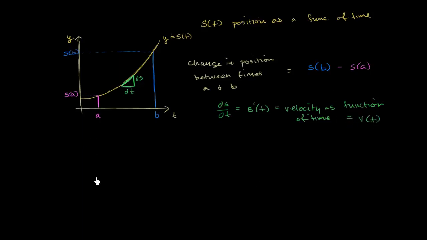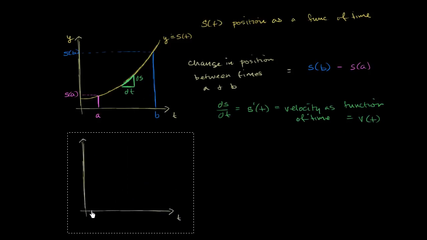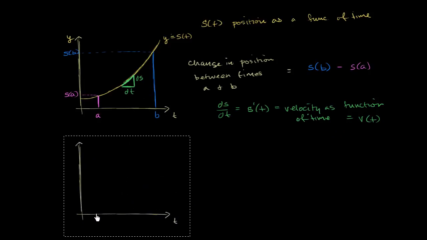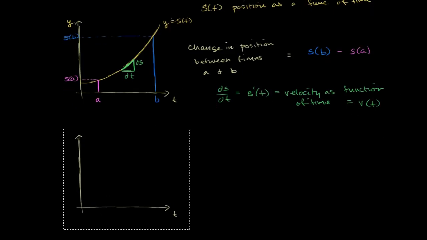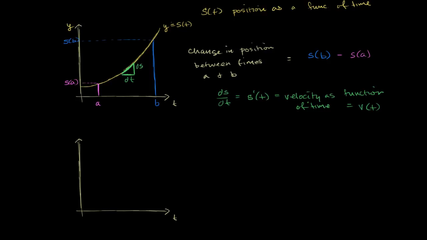So let's graph what v of t might look like down here. Let me put another axis down here that looks pretty close to the original. Once again, this is my y-axis, this is my t-axis, and I'm going to graph y is equal to v of t.